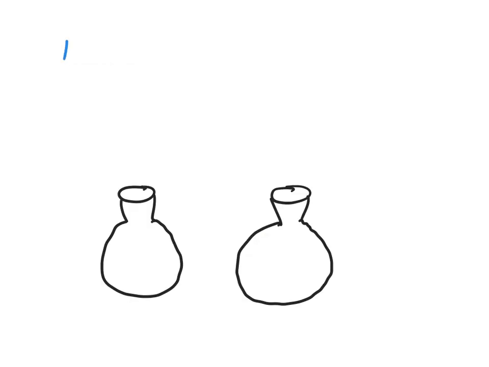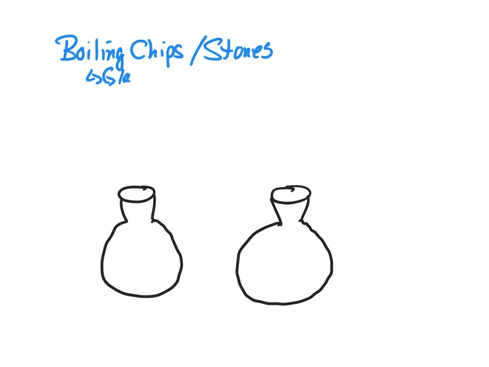Whenever we boil something, we will use boiling chips or boiling stones. And so these are a variety of things. They can be glass beads. We have some that are little Teflon chips.